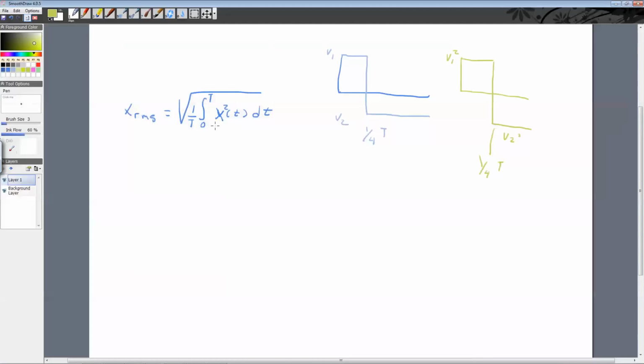A lot of times I take care of the integration on its own. So I go from 0 to a quarter T. What am I integrating? V1 squared, which is a constant, dt. Oh, even I messed this up. It's squared, so it's both positive.